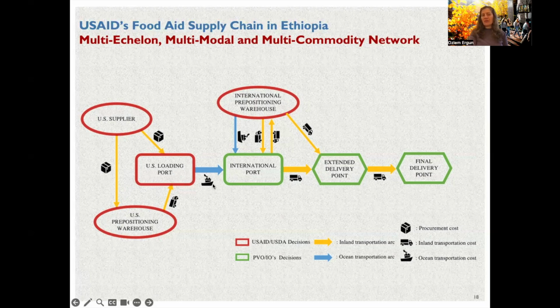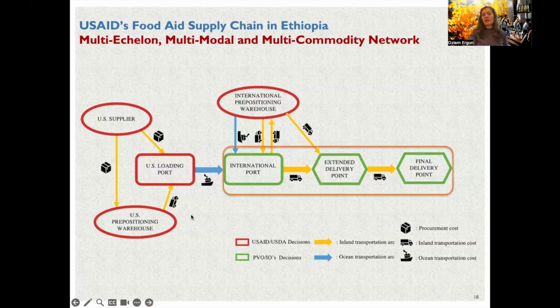Later on, after the commodities leave the US ports, they will go to an international port, a destination. And at the international port, again, they can either go into extended delivery points, such as regional warehouses, or they can go into international prepositioning warehouses to be pulled out when needed in the future. And then from the extended delivery points, the commodities use inland transportation for the most part to go into final delivery points where they are actually distributed to the beneficiaries.